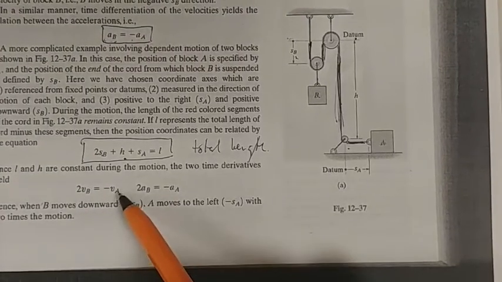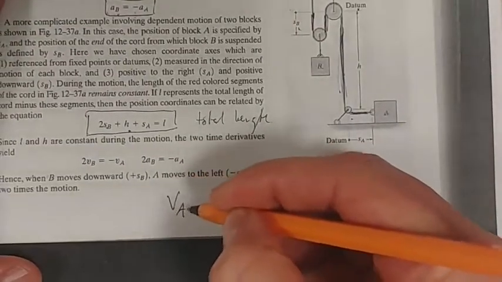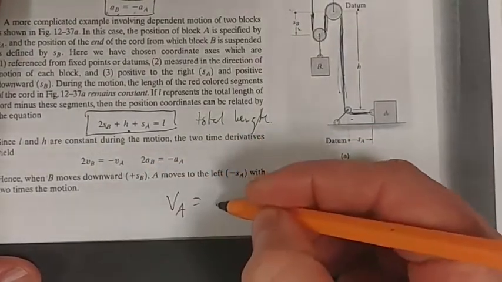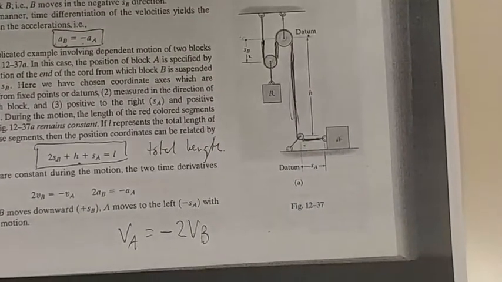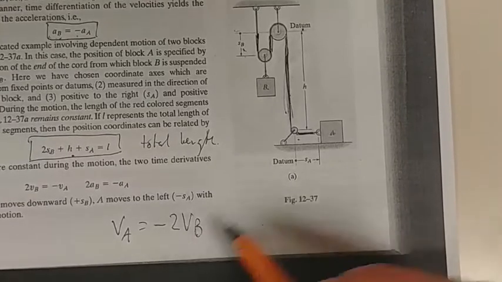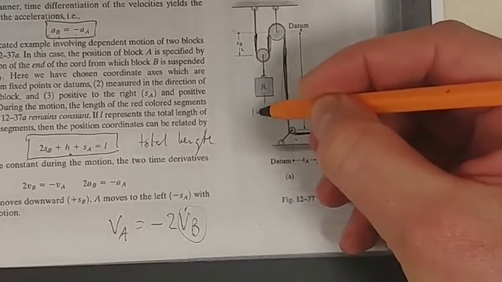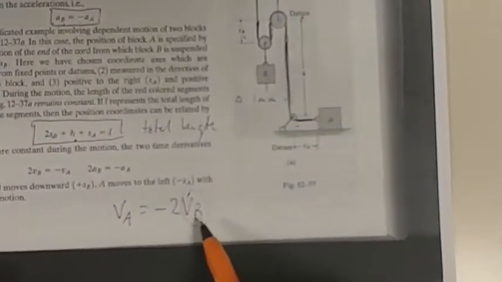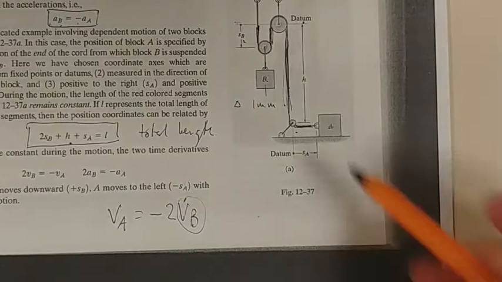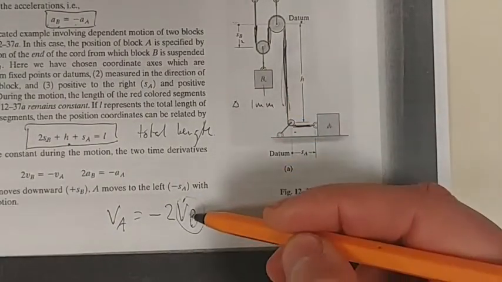Okay. So what is this telling us? So now we can say VA, let's just rewrite that. VA is minus 2 VB. What does that mean? Well, if VB moves down 1 millimeter, for example, it's a change, right? That's what a velocity is, right? It's a change in position over time. So if I just talk about the change in position, it goes down 1 millimeter.